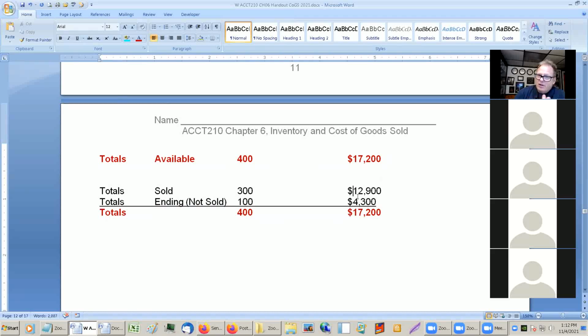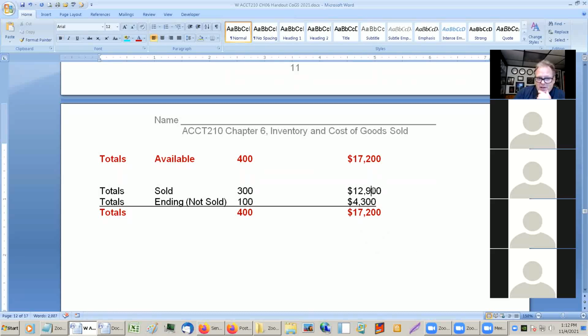And by the way, this is true for all the inventory ones. The cost of the goods sold and the ending inventory will always come out to this total amount available. We didn't have to calculate it for last in, first out, or first in, first out, but it'll be the same. Now, you might be wondering, why am I telling you this? Who cares?